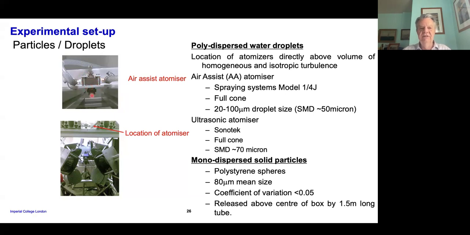You can see that at the top and all the loudspeakers below. And we can generate different size distributions, which we can characterize, or we can put monodisperse particles and look at what happens in the box of turbulence.